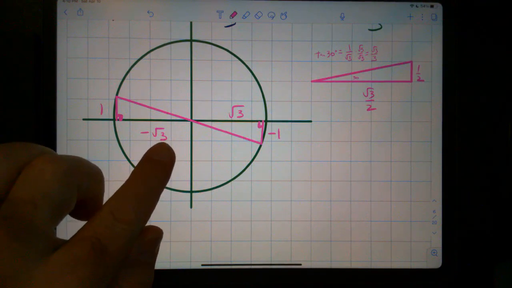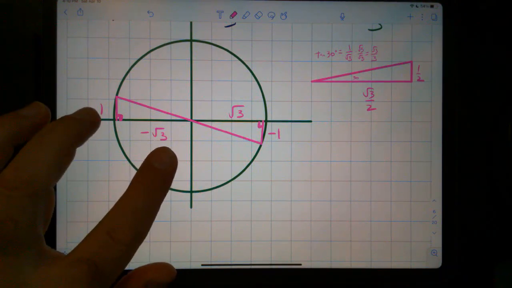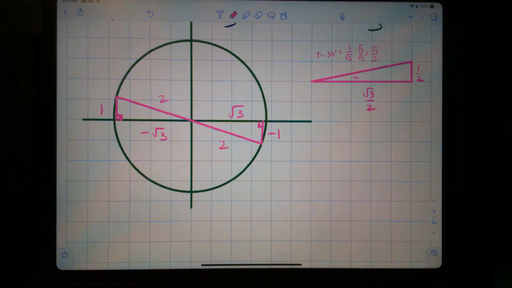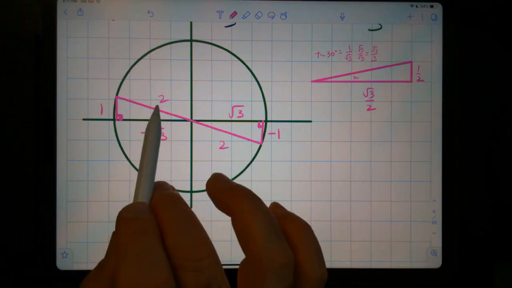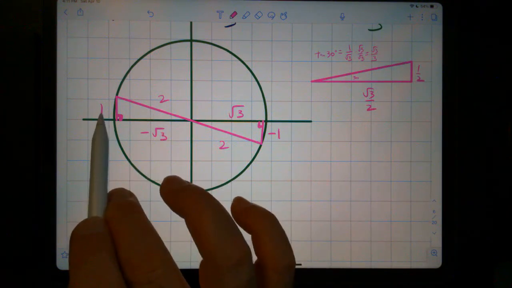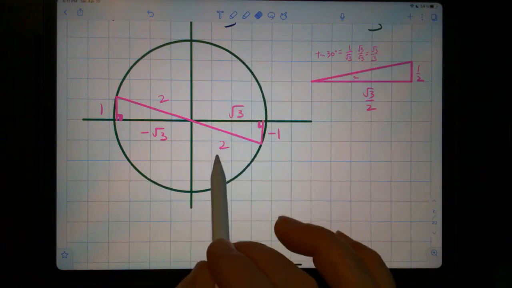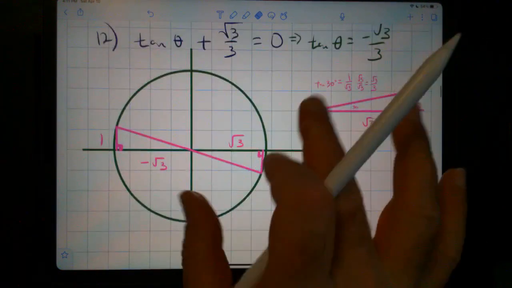This side squared is 3, plus this side squared is 1. It's 4. That makes this hypotenuse 2. Or I can divide everything by 2 and make this 1/2 and radical 3 over 2. Since I'm dealing with tangent, the hypotenuse does not matter.